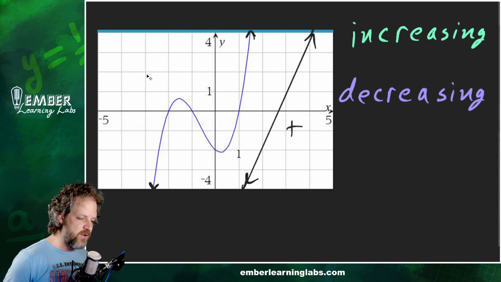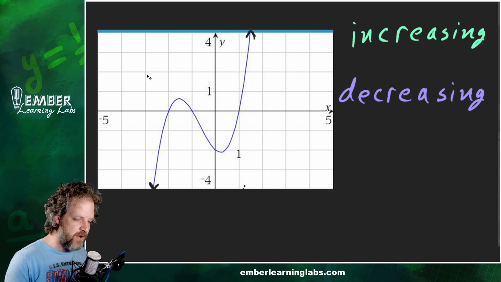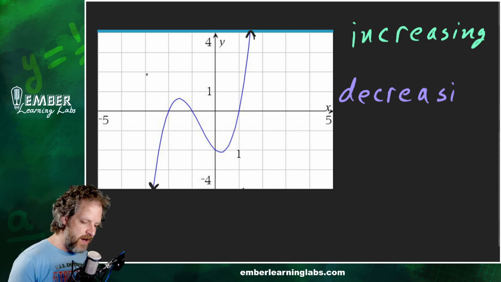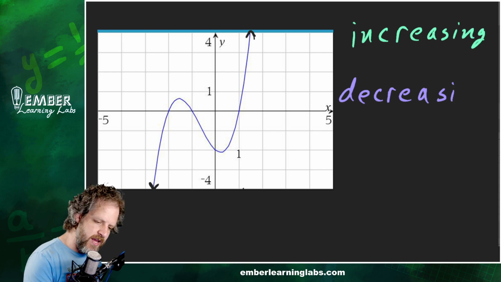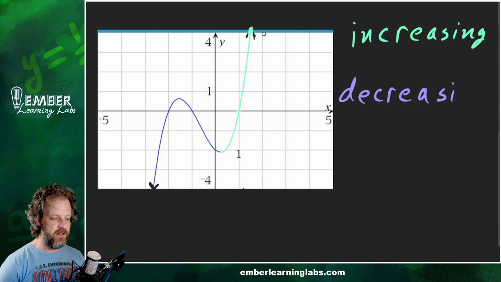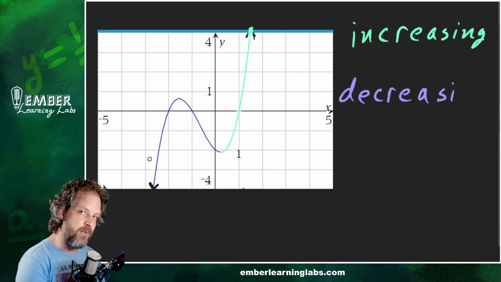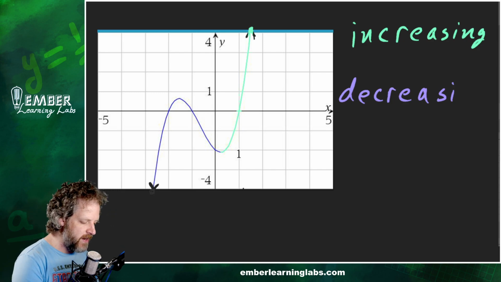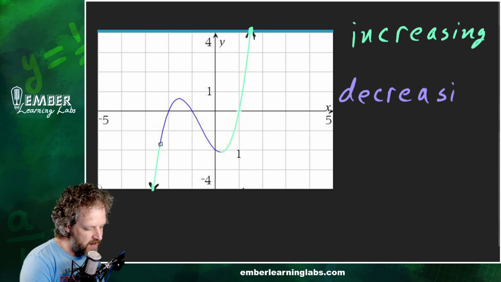Okay, same idea. So where is this blue graph going up? Well, it is increasing from here, where it turns and starts to go up again. It starts going up that way. It also is increasing. Again, we're reading this left to right. Even though our arrow is pointing down here, it's going up and to the right here.